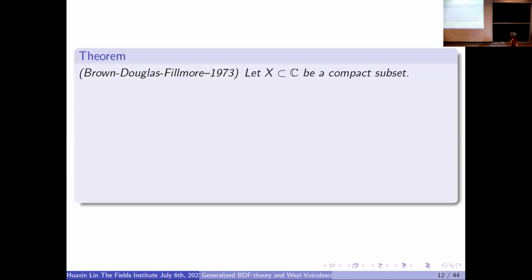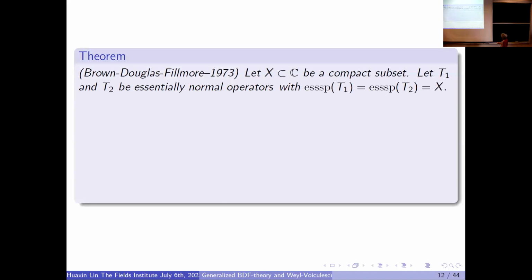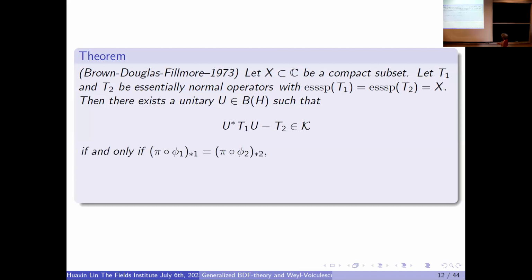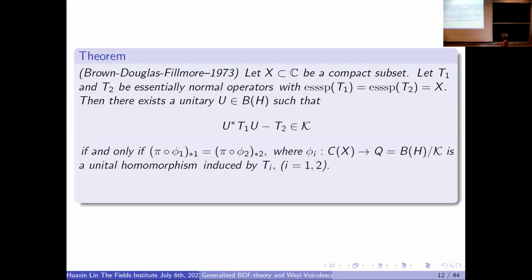So for the BDF theorem: T1 and T2 are essentially normal operators with the same essential spectrum, and the statement is that they are unitarily equivalent modulo compacts if and only if they have the same index, the same K theory.